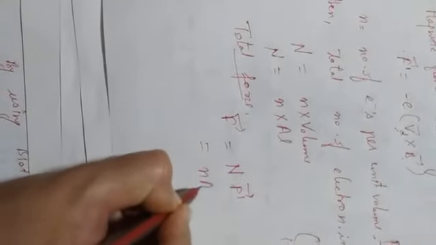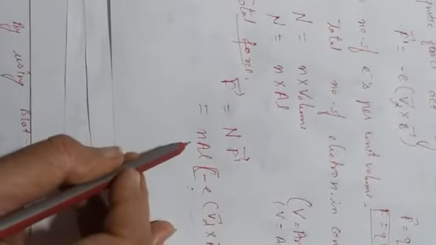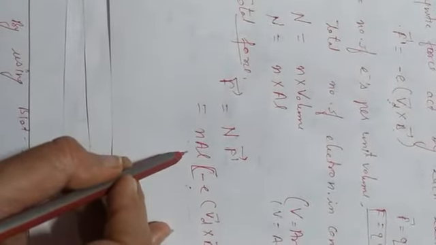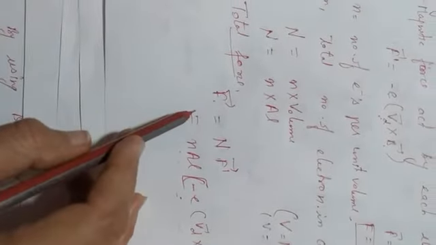With n equal to n A L, and F dash, which we have to find out, equal to the electron charge into minus Vd into B. We multiply the total number of electrons with the magnetic force due to one electron. This is the magnetic force due to one electron, and there is a total number of electrons inside the conductor. Then we multiply, and the total force on the conductor will come out.